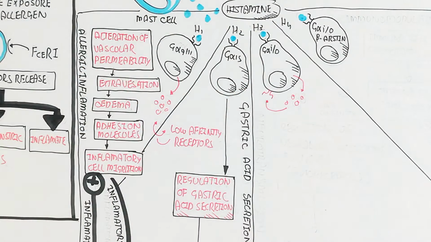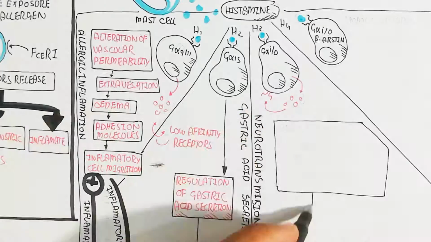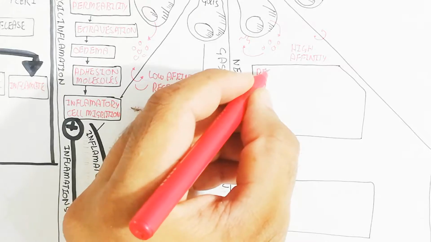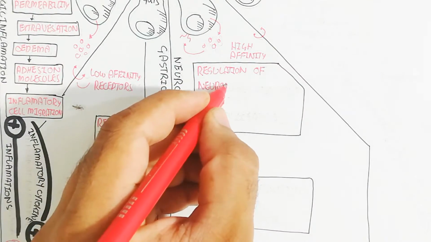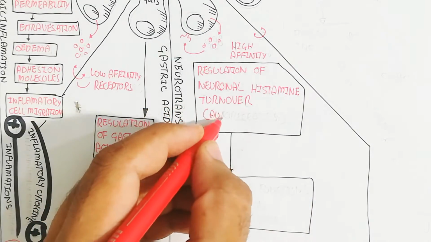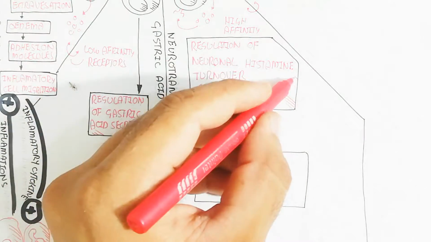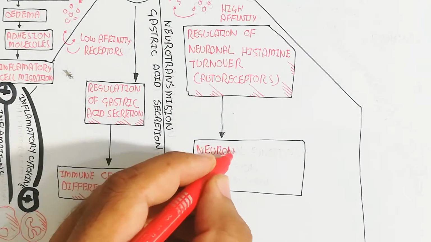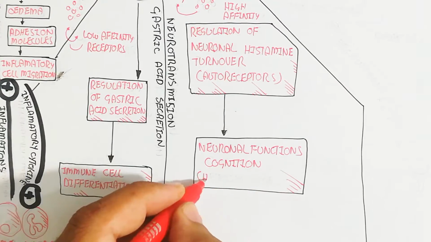which produces immunoglobulin. While these two receptors, H3 and H4, have high affinity, it means they can bind even when the histamine is less. In this way neurotransmission occurs, with regulation of neuronal histamine turnover, autoreceptors, neuronal function, cognition and heteroreceptors.